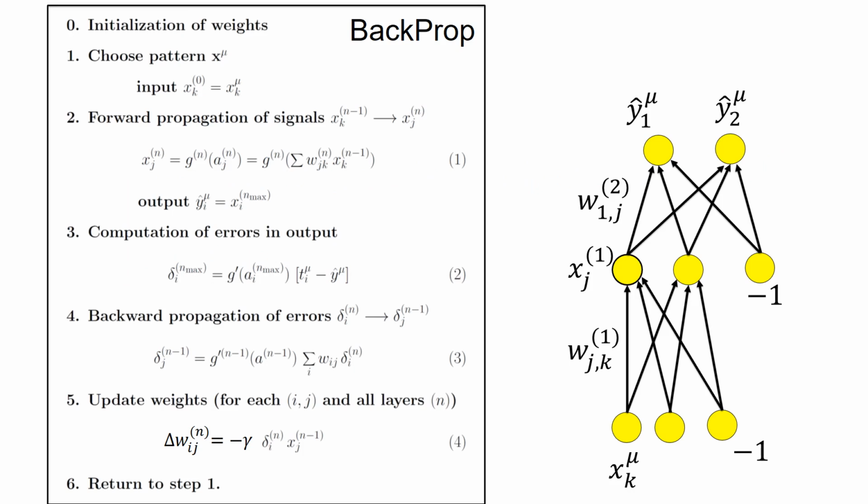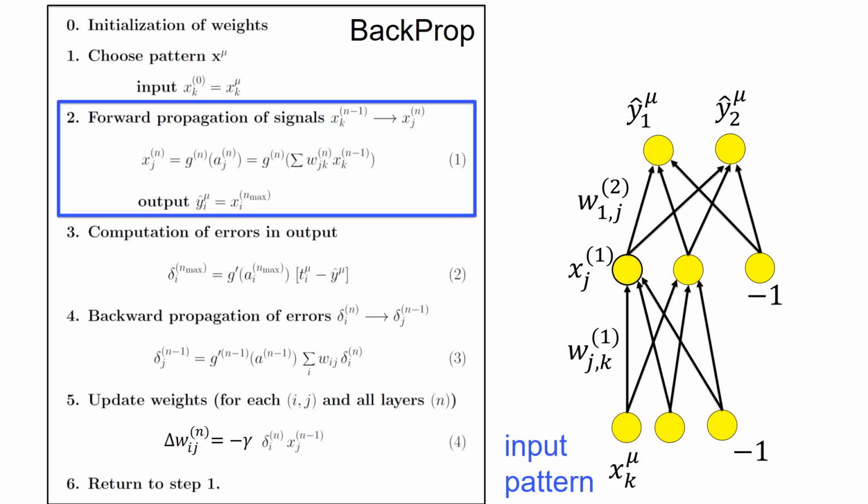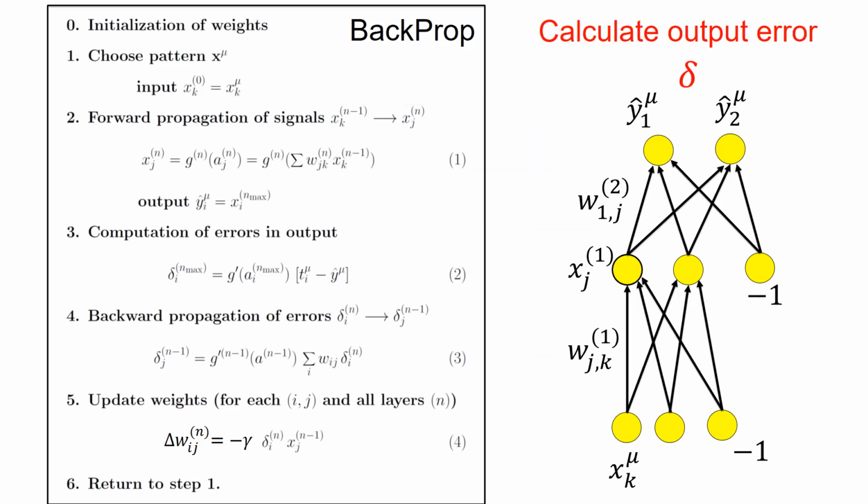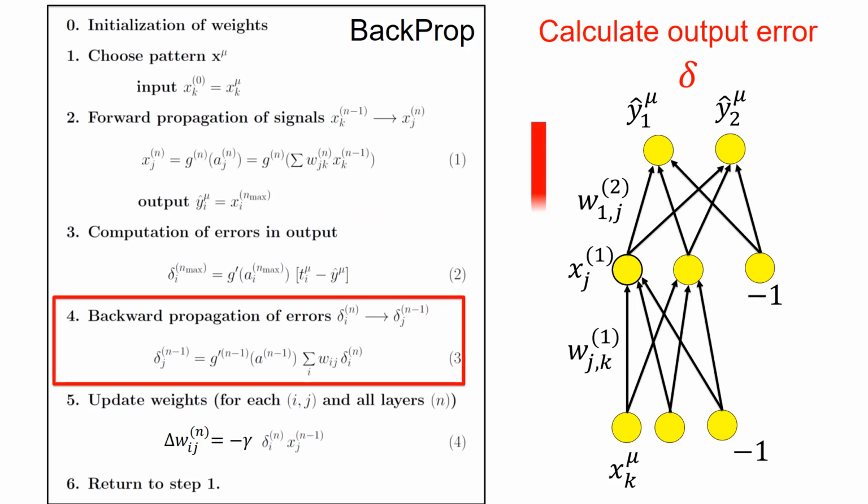To answer this question, we have to look again at the backpropagation algorithm. You may remember that the backpropagation algorithm works in 3 different phases. In the first phase, there is the forward pass, where the signal is propagated from the input to the output. Then comes the backward pass, where we first calculate the output error, delta, which is then propagated backwards through the network.